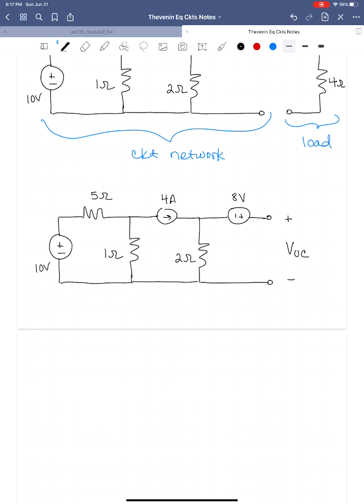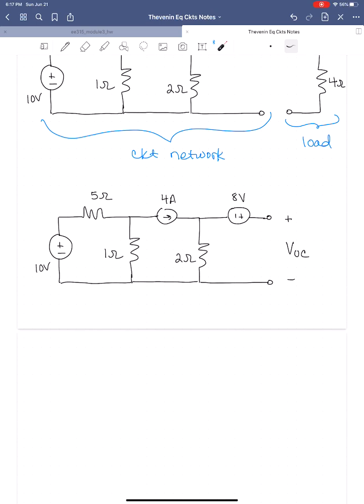So let's look again and see what we know in the circuit before we jump headlong into writing nodal equations or mesh equations. So this current source here, where is it going to flow? Okay, so it's got to flow through the 2 ohm resistor for sure, but does any current flow in this direction through the 8 volt source?